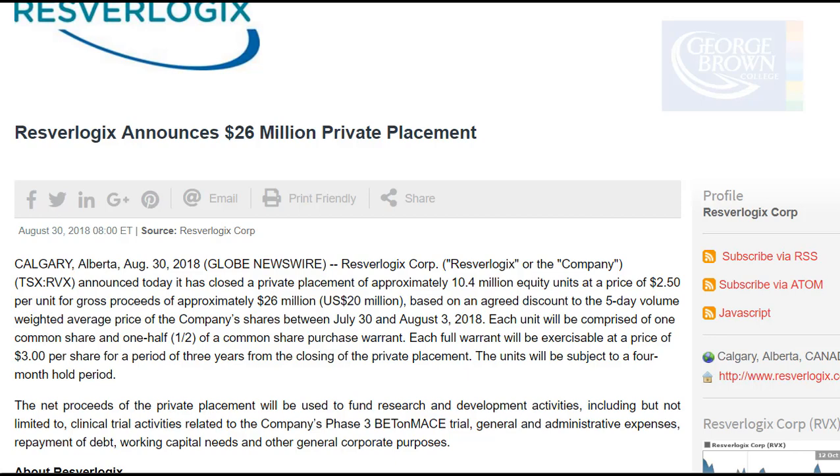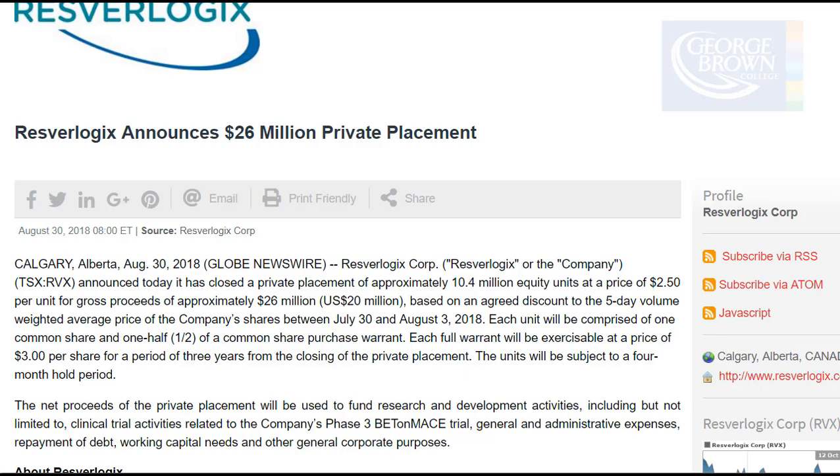Anyhow, each unit will be comprised of one common share and 1/2 of a common share purchase warrant. And we've looked at warrants in previous chapters as well. Each full warrant will be exercisable at a price of $3 per share for a period of 3 years from the closing of the private placement. So you can see the investors are receiving a share and 1/2 of a warrant, okay?